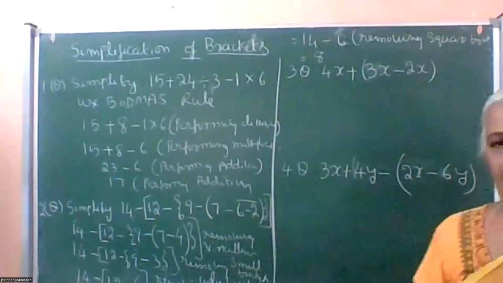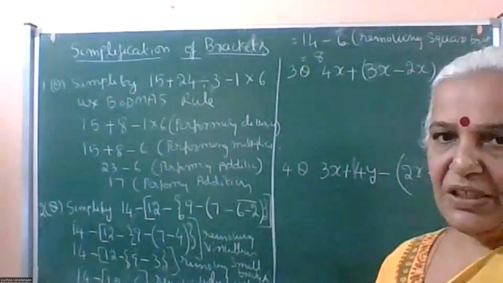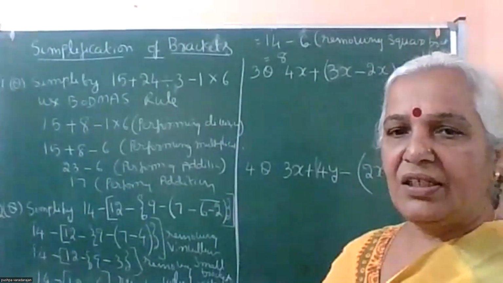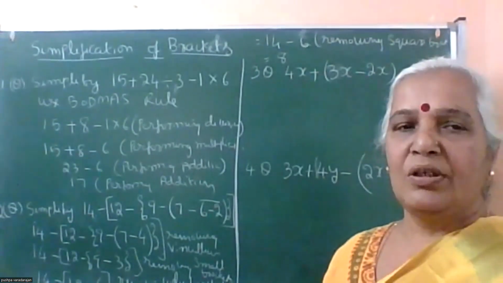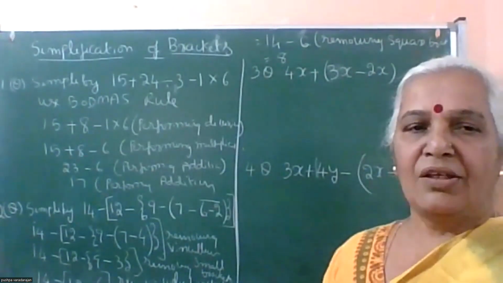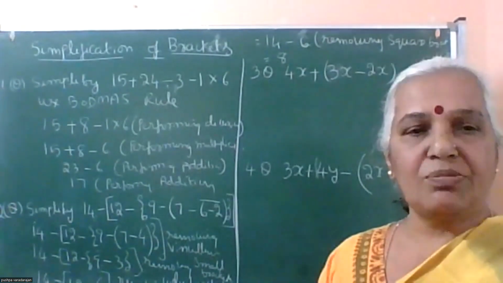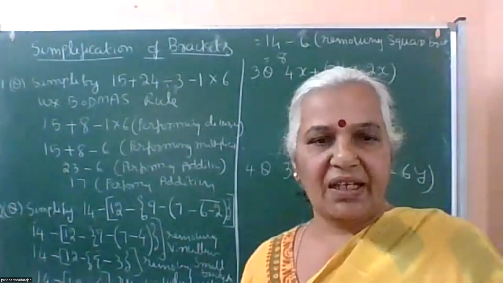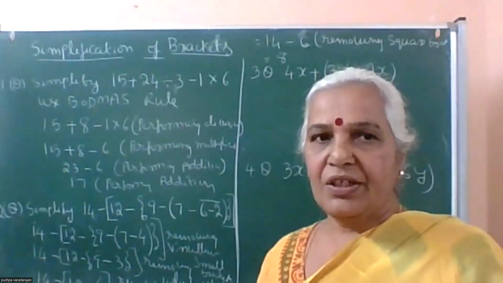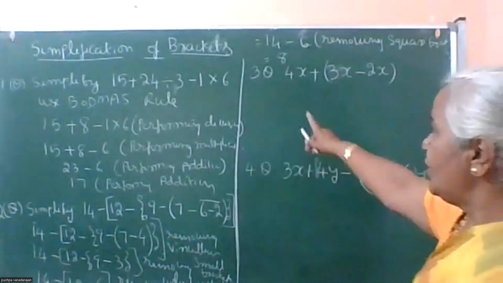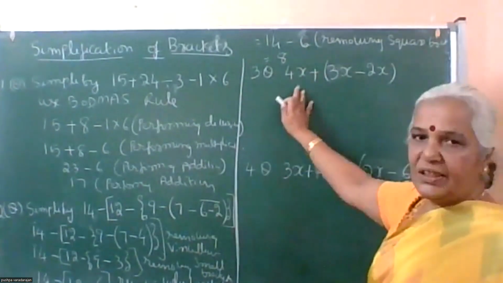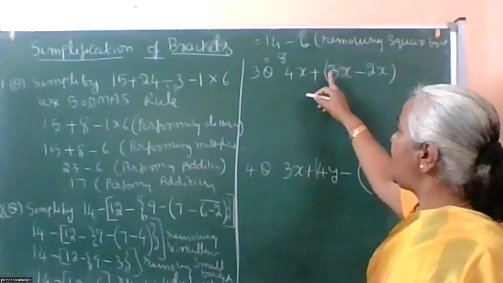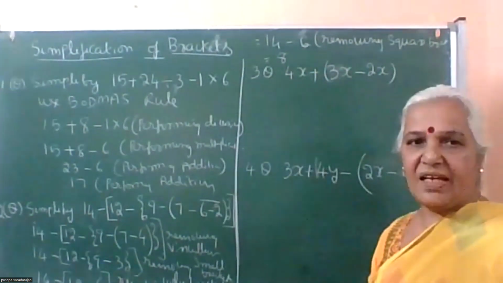In the first question, we used the BODMAS rule, and in the second question, we followed the order: bar bracket, then the small bracket, then the curly bracket, then the square bracket. Now in this question, which generally comes in algebra, the bracket is followed by a plus sign.